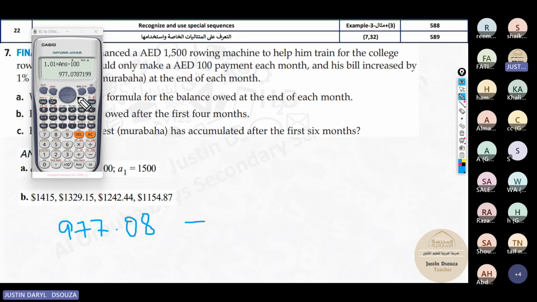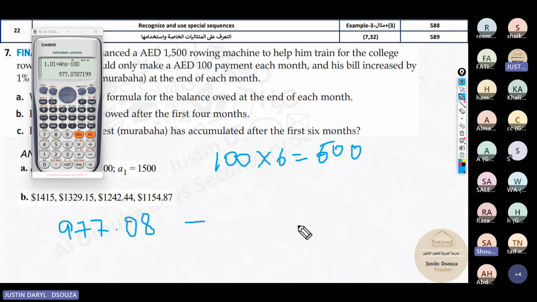Can anyone tell me, if there was no interest, what would be the payment made by him after 6 months? Every month he pays 100. So after 6 months, 600. Yes, it's 600. But now can anyone tell me what the balance would be if he had no interest?